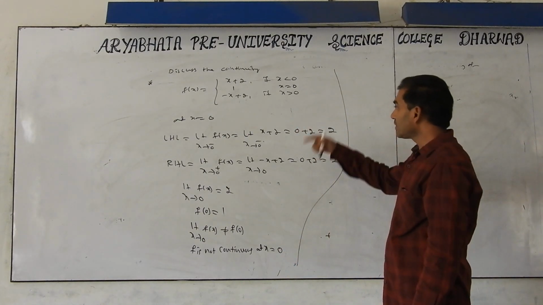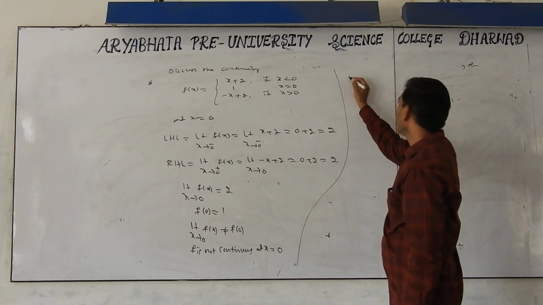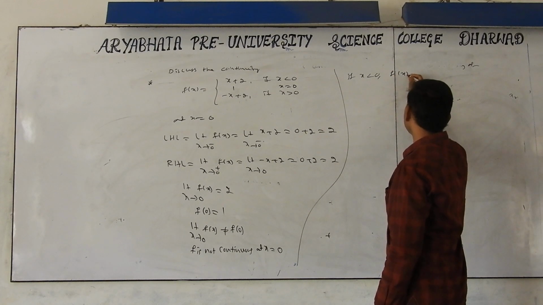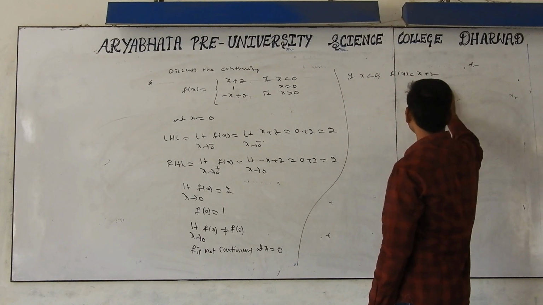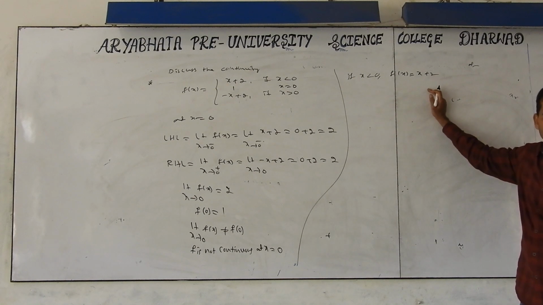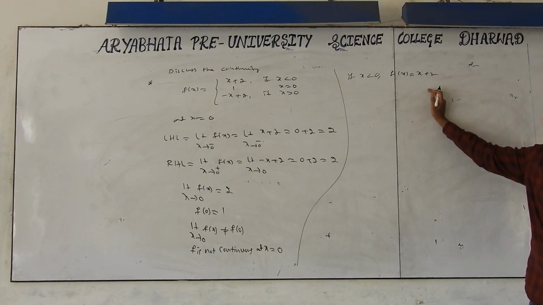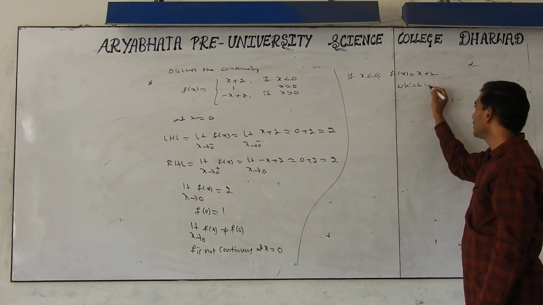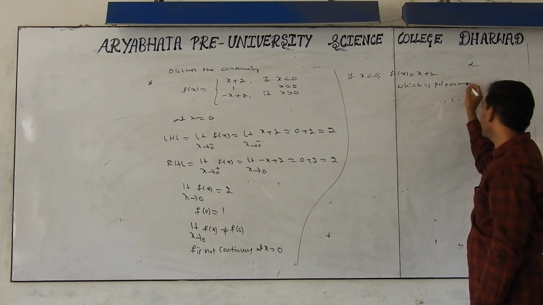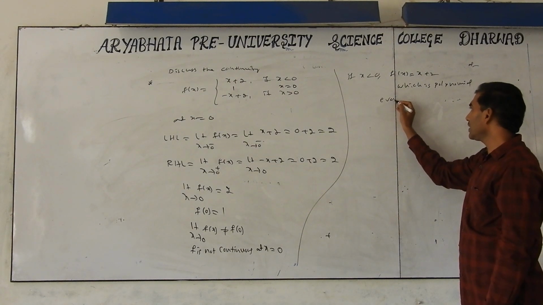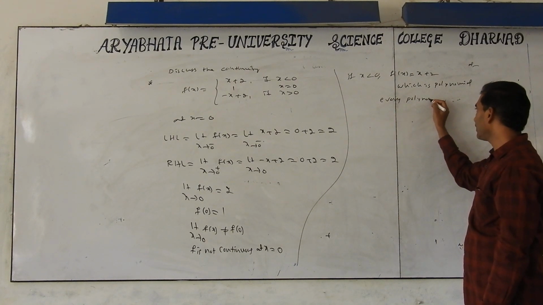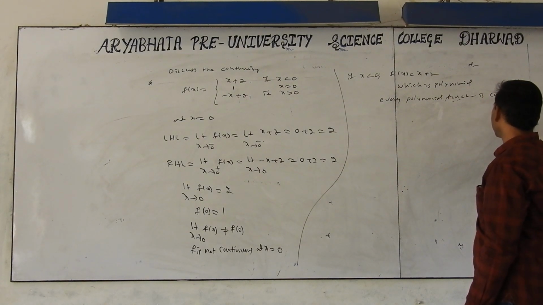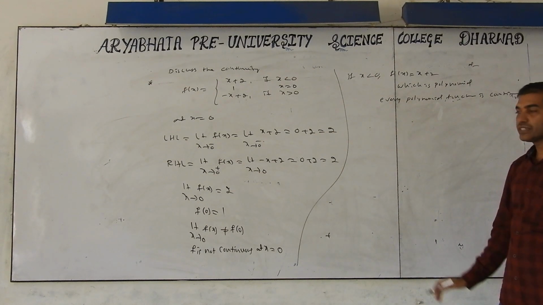Next, other than 0, below 0 if you take, if x is less than 0, f of x is equal to x plus 2. Tell me how to check the continuity of this. x plus 2 means polynomial. Every polynomial function is continuous.